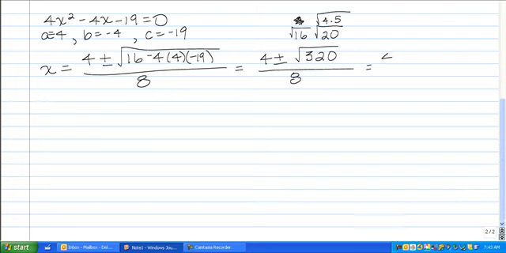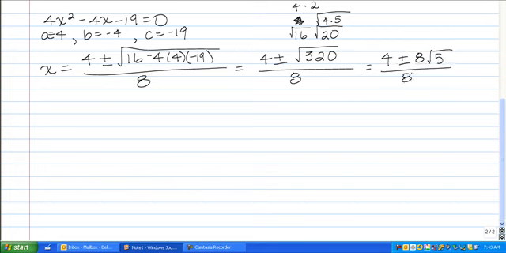So I can bring out a 4 and a 2, and I have a 5 left inside, so I can take out an 8. So it's 64 times 5, I believe, gives us 320, yes. So plus or minus 8 square root of 5 divided by 8.